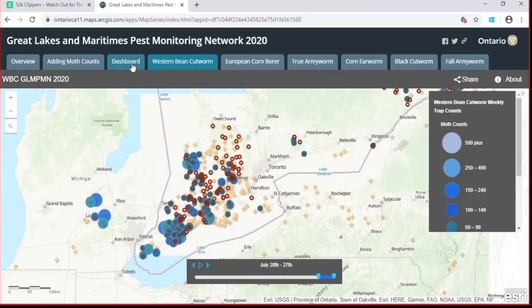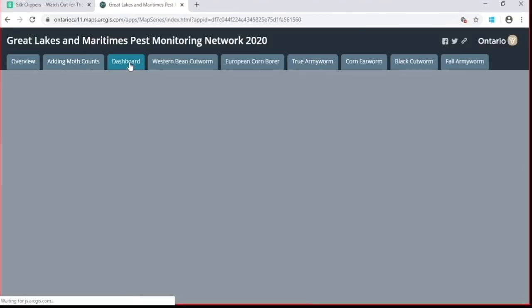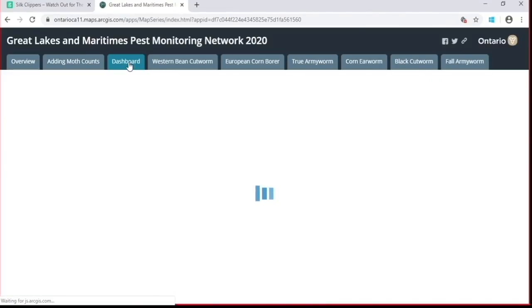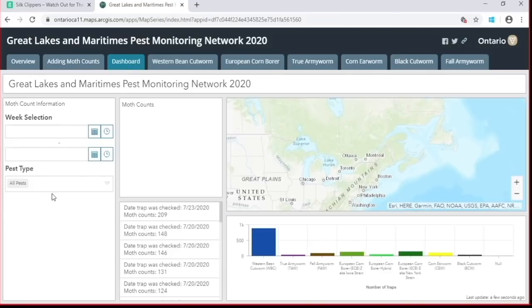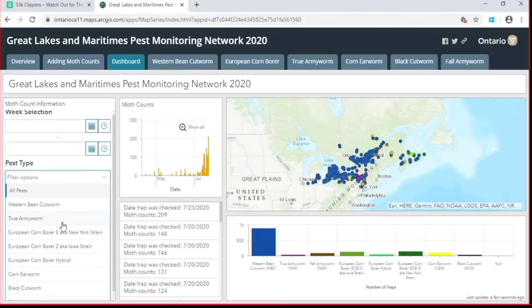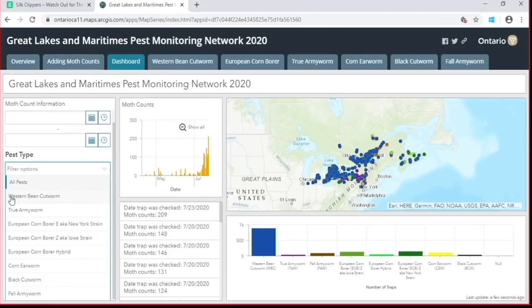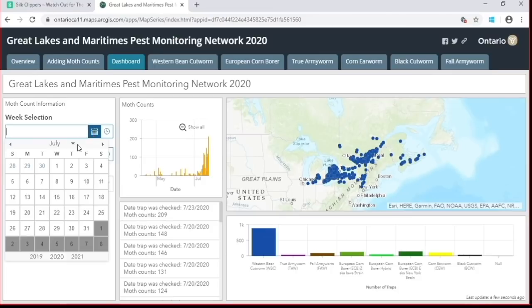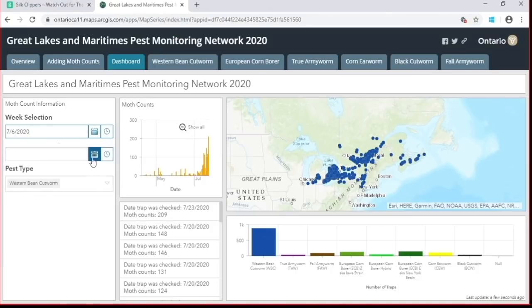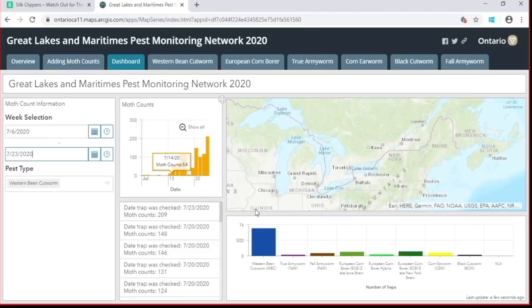But another way to do it is if you go on the dashboard, you can actually start to see the analytics. It takes a little moment, but then if you select from all pests, you click on to Western bean cutworm, for example, and I'm about to select the weeks, let's say anywhere from July 6th until today, you can actually start to see more activity specifically for that time period.